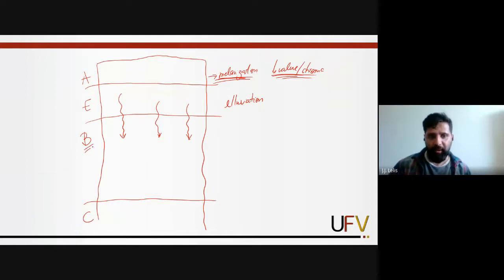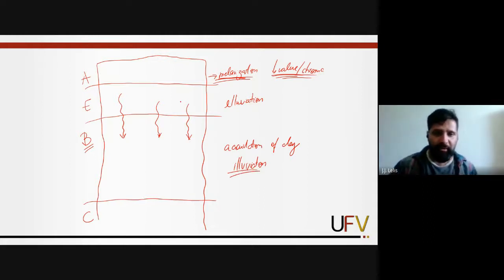And in the B horizon, one of the soil formation factors is the accumulation of clay. So the eluviation, illuviation. And when clay migrates from here to here, the clay migrates through soil voids.